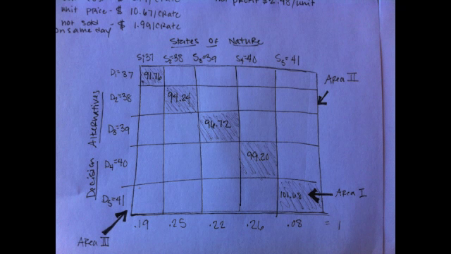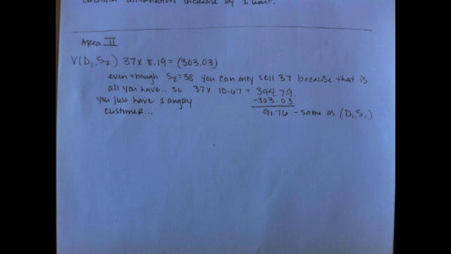Okay, so area 2 starts from area 1 and it goes on each row to the right. If you look at D1S2, it would be that you bought 37 crates at $8.19. And even though there's 38 people that want them, you can only sell 37 because that's all you have.